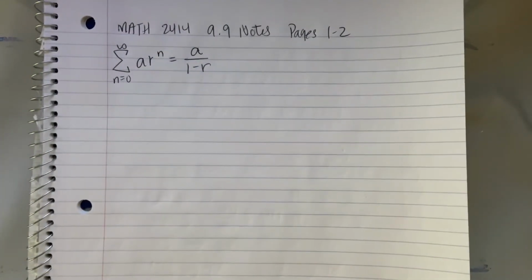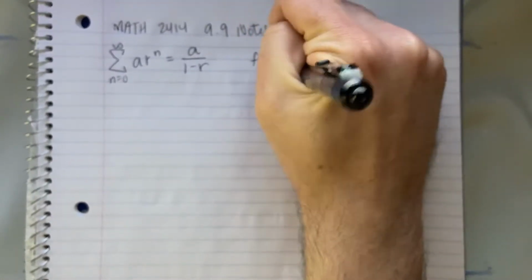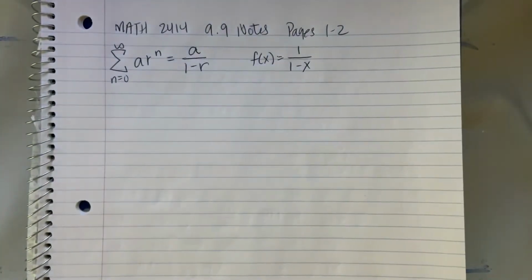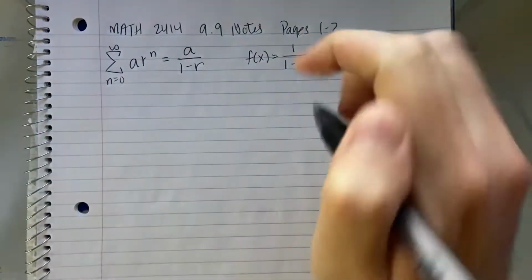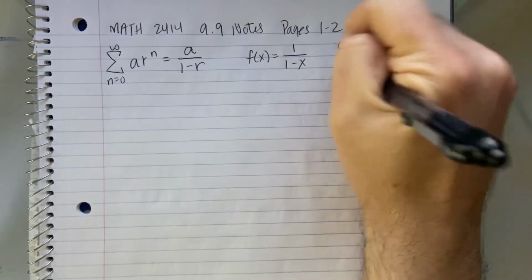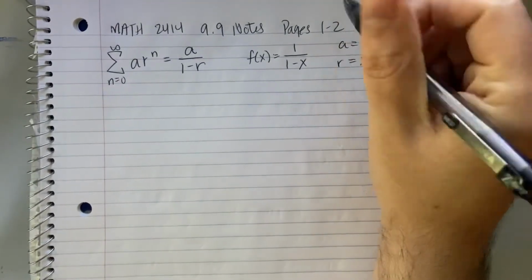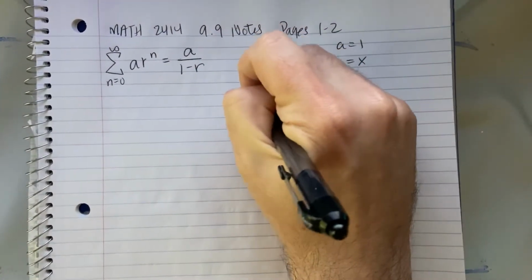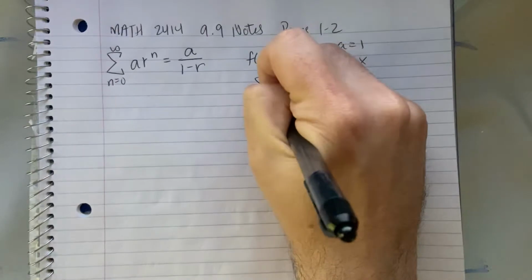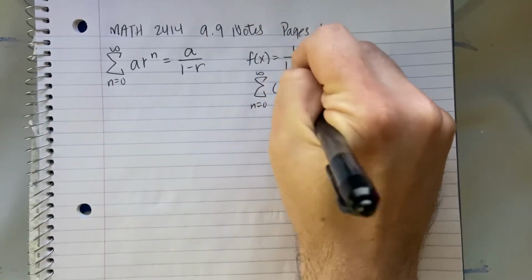Now how can we use that? Well, the idea is if f of x equals 1 over 1 minus x, these two forms are very similar. It's just where a is 1 and r is x. That means we should be able to back convert this to a summation where a is 1 and r is x.